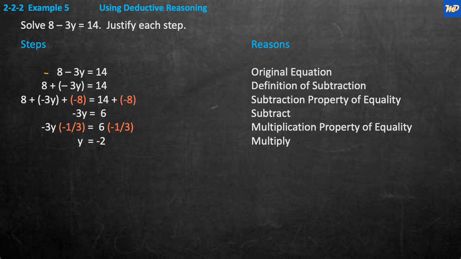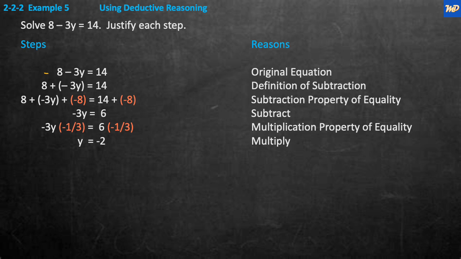And we use the subtraction property of equality for that because we subtracted from both sides. After we do that subtraction, we end up with negative 3y equals 6. I say negative 3y equals 6, and that's because of subtraction.